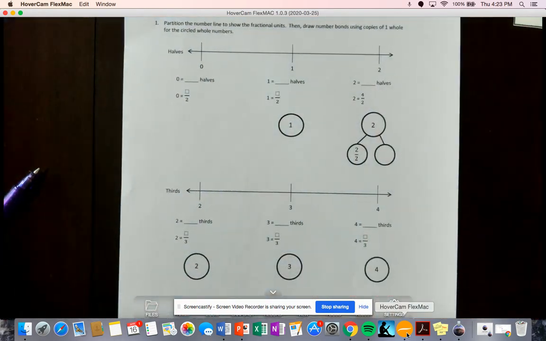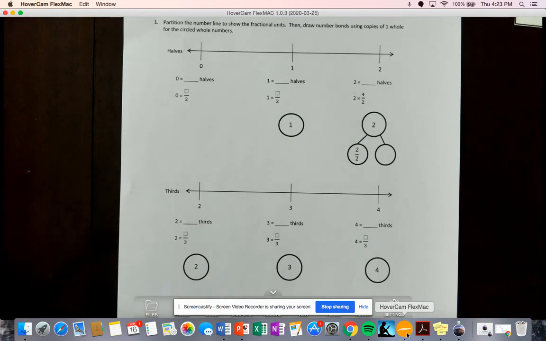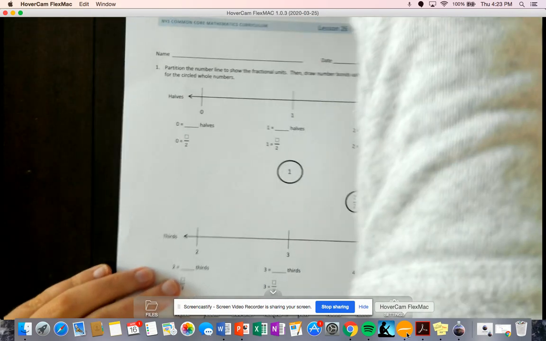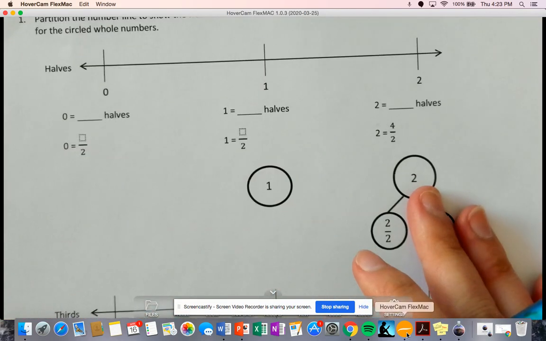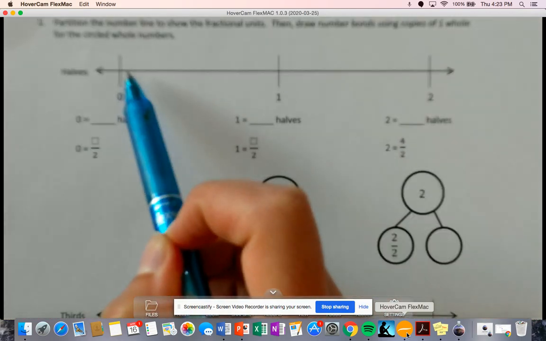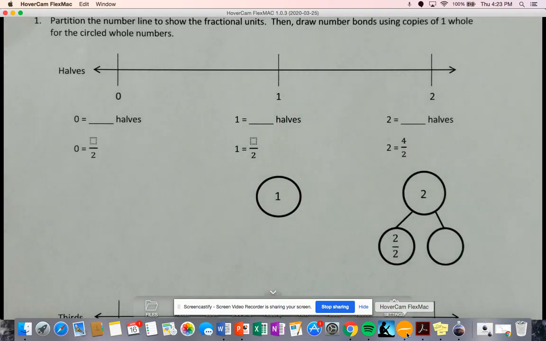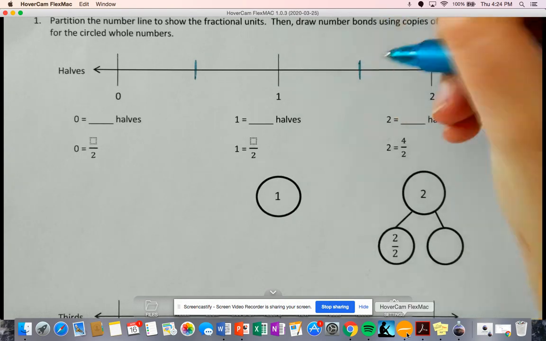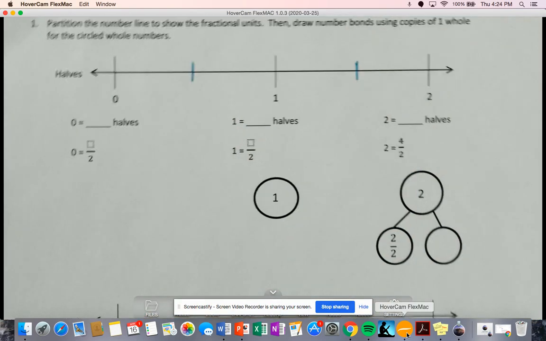Okay, let's start with halves. So right here, I'm going to start by cutting my number line into halves. So if I'm doing halves, I need to cut 2 equal pieces, which means I only have to draw 1 line for each whole. So I'm going to label it just because it's easier for me to see.